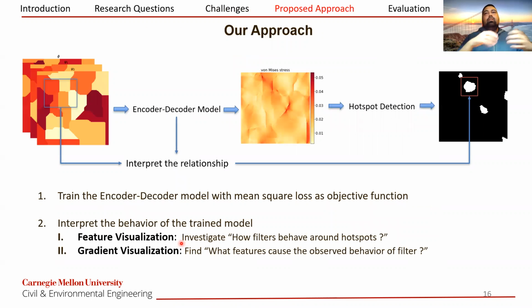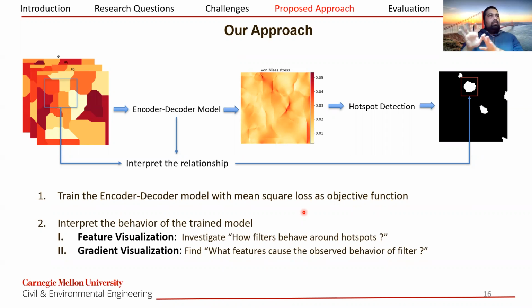So this is our approach: we are training this encoder decoder model with the data set generated from the scheme. I just want to clarify that our goal is not to exactly predict the value of stresses. In our objective function we are just using mean square loss. We are not providing the information about the boundary condition or stress continuity equation.